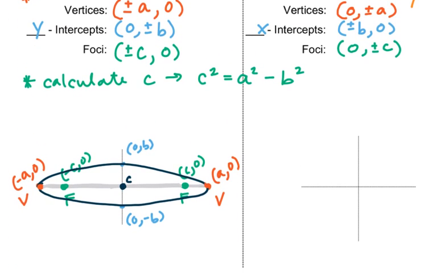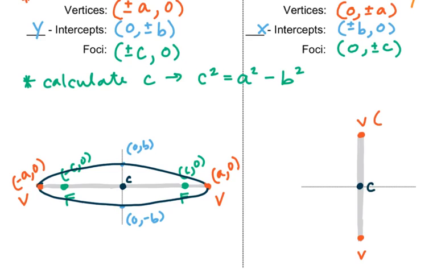So let's look at what these look like for a vertical ellipse. Again, we have a vertical major axis. So most of my big changes are going to be occurring on this vertical axis. My center is at the origin. Traveling out the furthest in either direction, those give me my vertices.